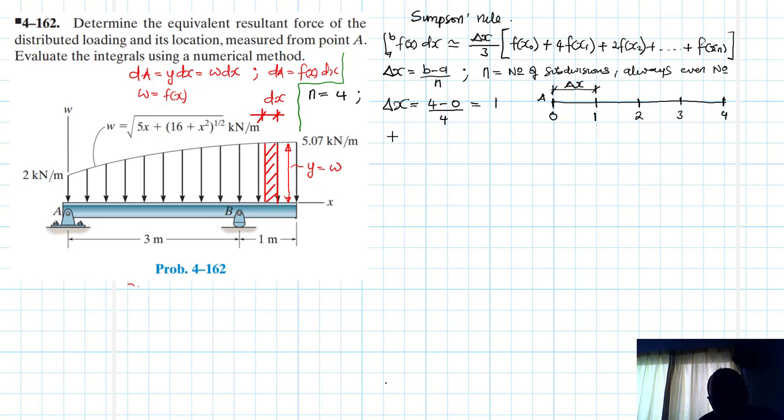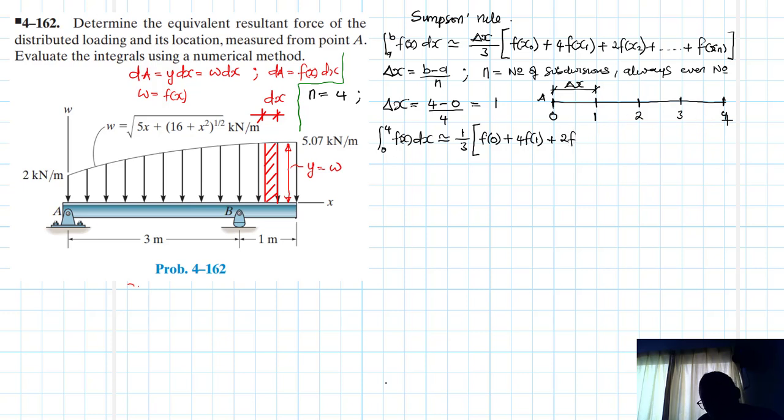Having that, we can now write our whole expression. We have the integral from 0 to 4 of f of x, which is this w dx, approximately equal to delta x divided by 3, and then we open bracket: f of x0, that is f of 0 where x is equal to 0, plus 4 f of 1, where x is equal to 1, plus 2.